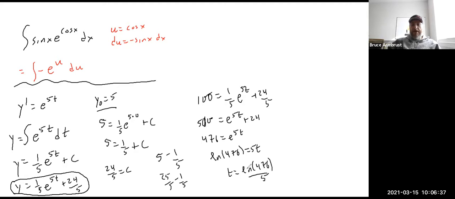So for this one, it's going to be whatever the natural log of 476 divided by 5 is. I don't really care what the decimal is. Plus, your specific one probably has different numbers. But that's basically the idea for the second part.